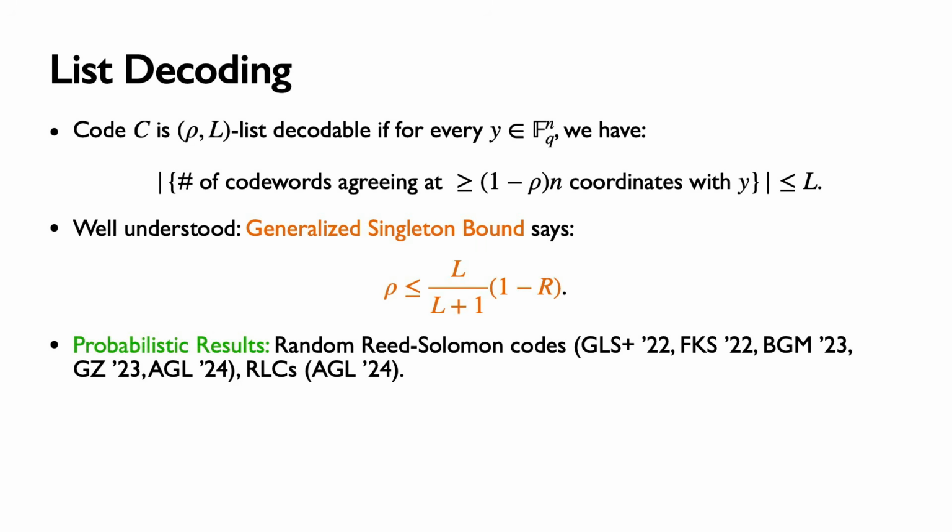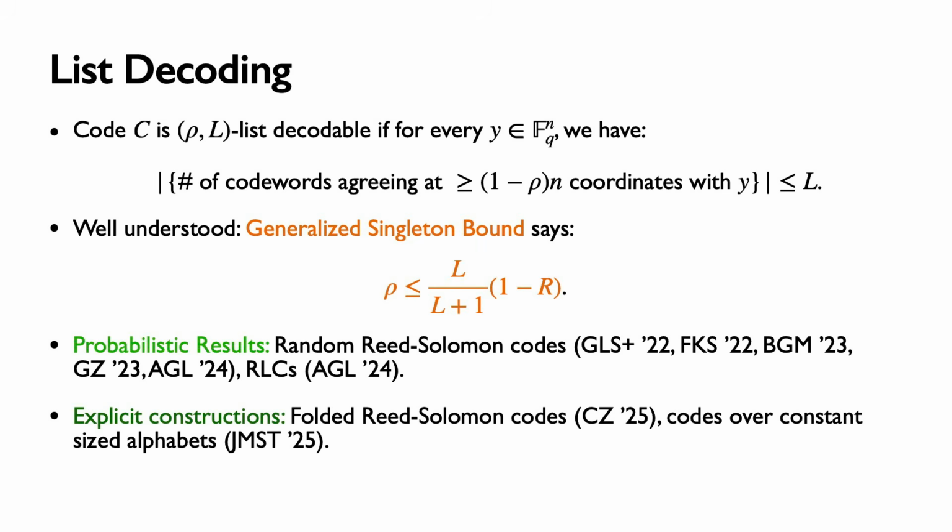For probabilistic results, we know that random Reed-Solomon codes achieve this generalized Singleton bound. So this is saying you cannot go beyond this result, and there are results which say that this is tight: there are codes which get this bound, and random linear codes (RLCs) were shown to get this bound as well.